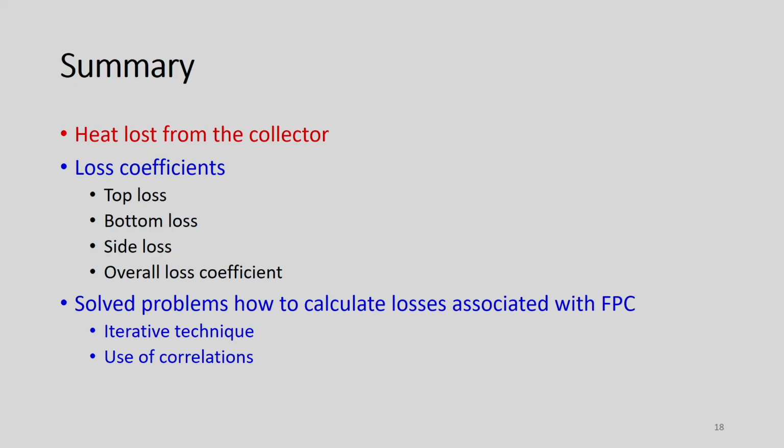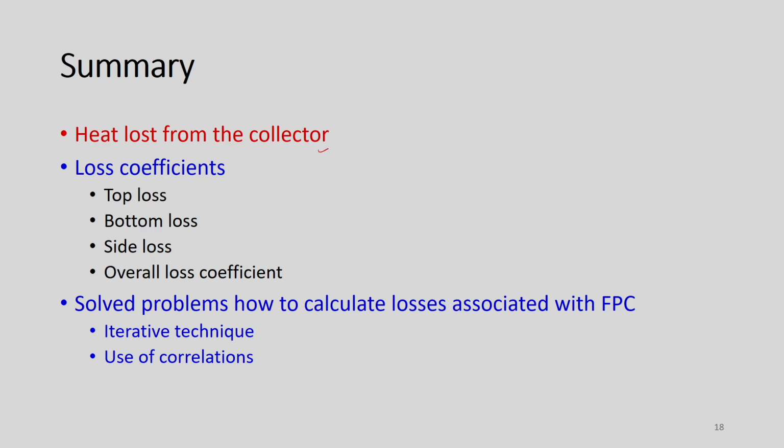So, we can summarize what we have discussed today. Primarily, we have discussed the heat loss from the collectors, what the different heat losses are, and then heat loss coefficients like top loss coefficient, bottom loss coefficient, side loss coefficient, and if we combine all these losses, what we get is an overall loss coefficient. We have also solved problems on how to calculate losses associated with FPCs.